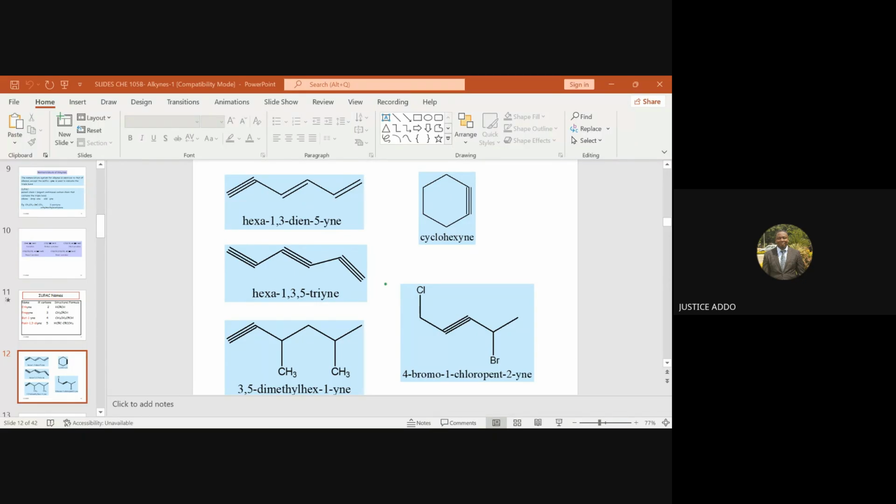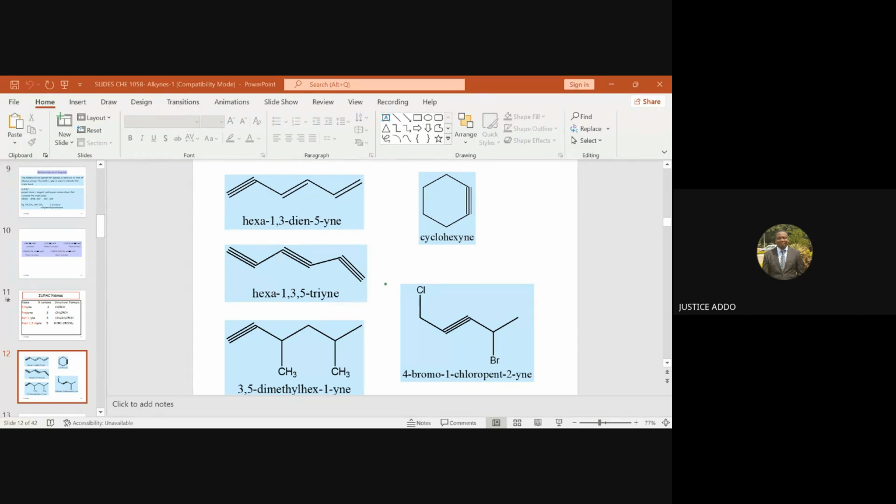Yes, sir. I'm saying that anytime there's a triple bond, always number from the direction that gives the triple bond the least number. But the compound that you see there is a special case. When you number from the left, as you want to do, the positions of the double bond and the triple bond will be 1, 3, 5. Then when you number from the right to the left, it's also going to be 1, 3, 5.